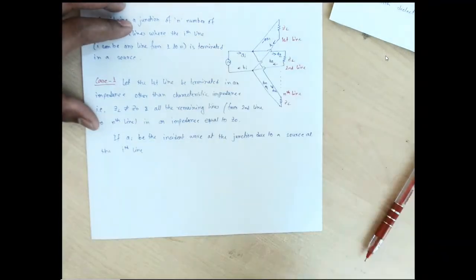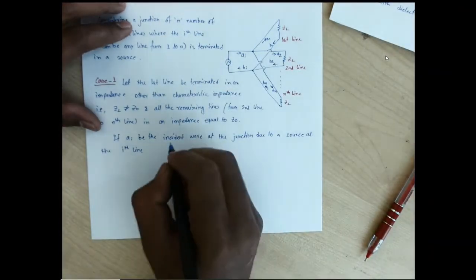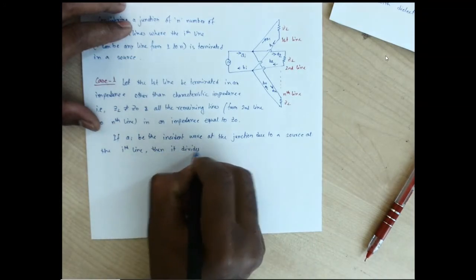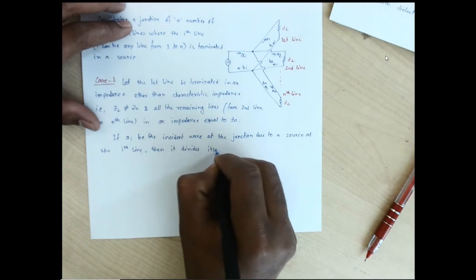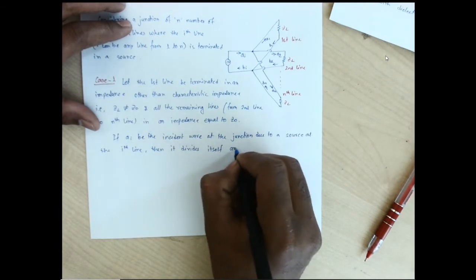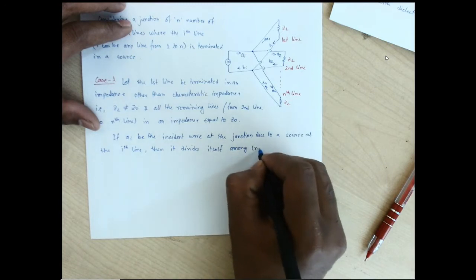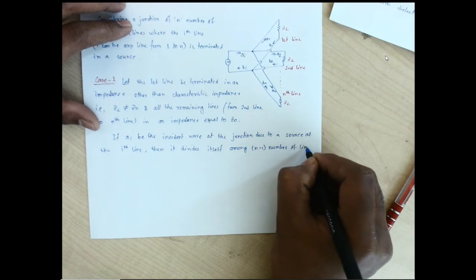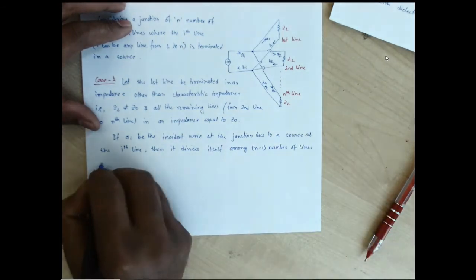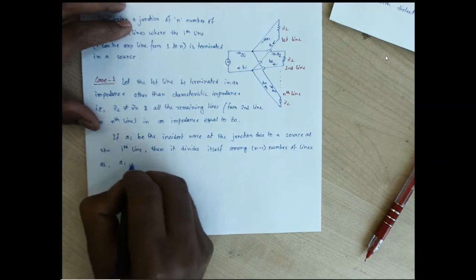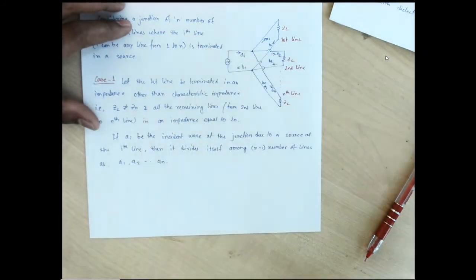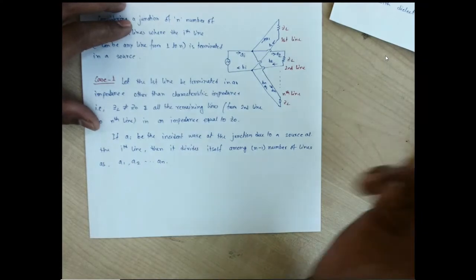The source at this ith line, then it divides itself among n minus 1 number of lines as A1, A2, up to An. So this signal at the ith line will divide itself due to these lines being connected at the junction.